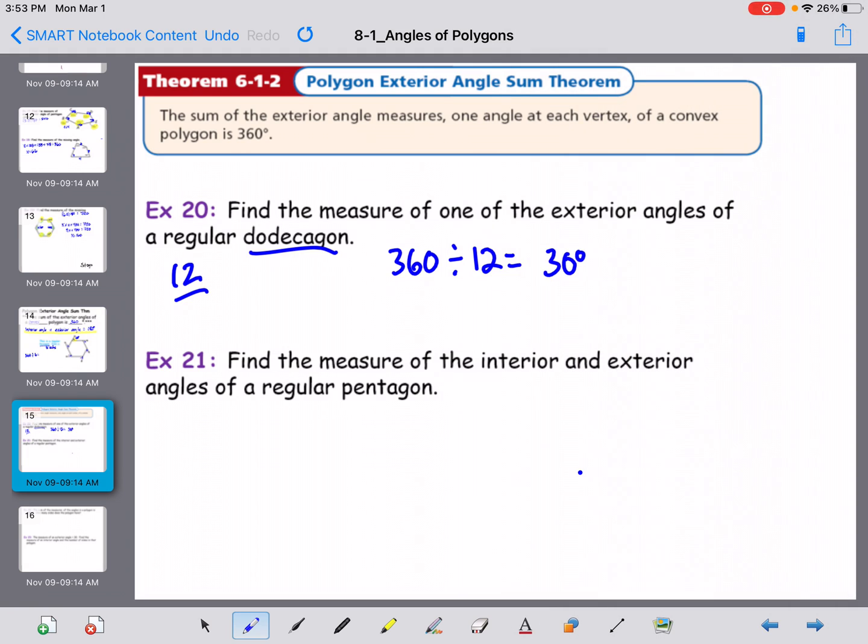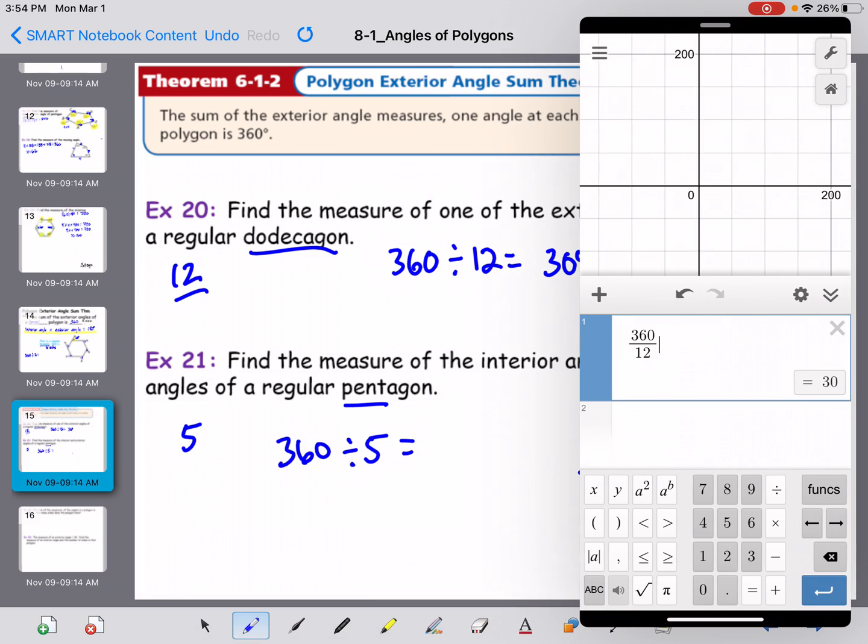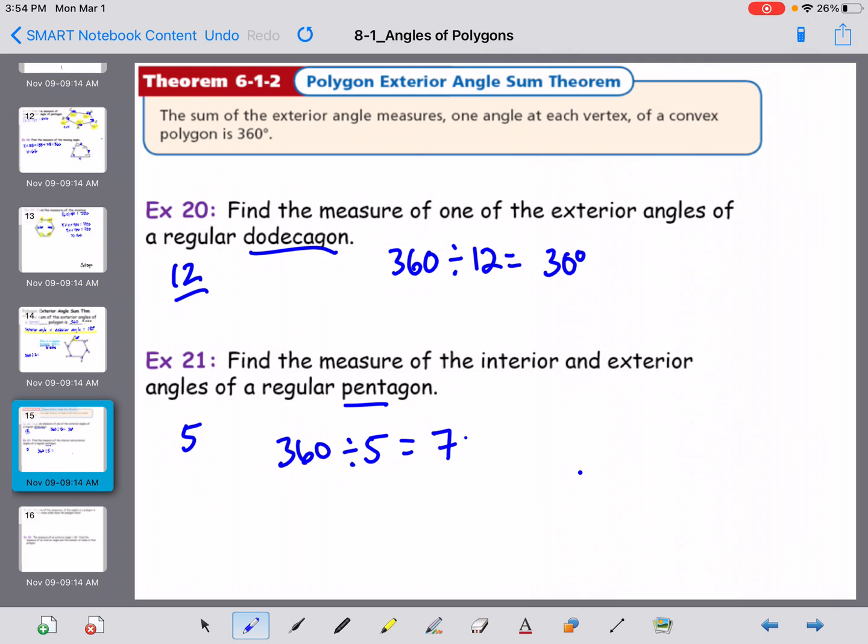So find the measure of the interior and exterior angles of a regular pentagon. All right, pentagon, 5 sides. 360 divided by 5 is 72. So that means the exterior angle is 72 degrees.